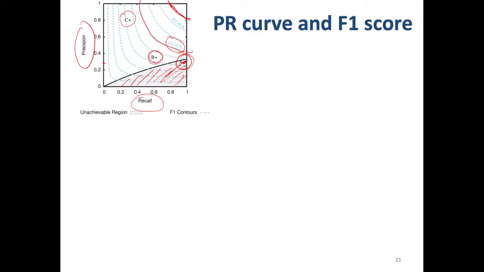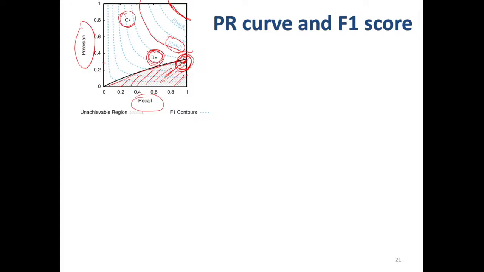For point B, although it has the same F1 score as point A, it can be reached. But you will see that it's very close to this unreachable area. So from the perspective of its distance to the unreachable area, data point B might not be that good, because it's very close to the unreachable area, which is the worst classifier.